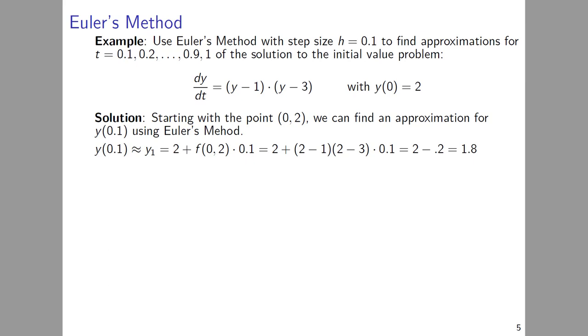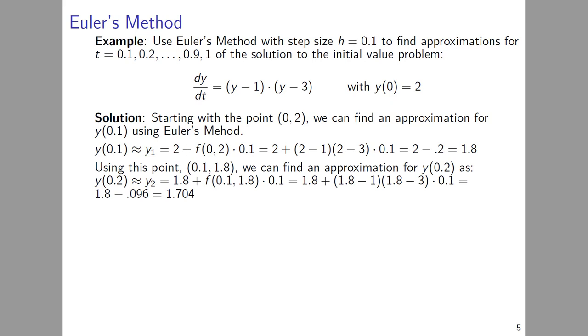Now that we've found y of 0.1 to be approximately 1.8, we know that the point t equals 0.1, y equals 1.8 is near our solution curve. And we'll use this point, (0.1, 1.8), to find an approximation for y of 0.2.